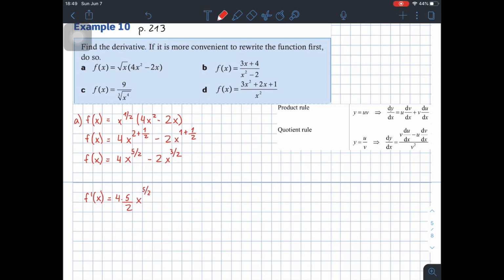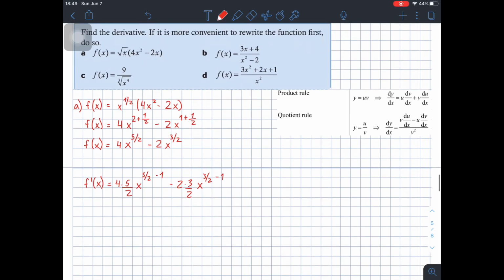So this is x to the power of 5/2 minus 1, minus 2 times 3/2 times x to the power of 3/2 minus 1, right? And then if we simplify terms, for example, this term with this term becomes a 2, this becomes a 1, the 2 here simplifies with this 2 over here.